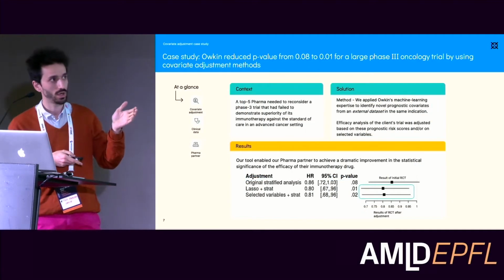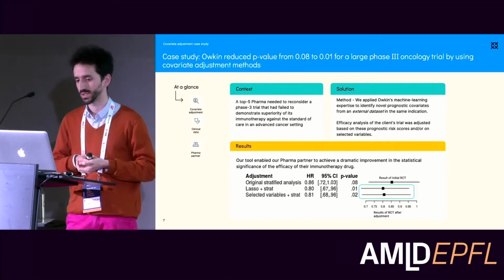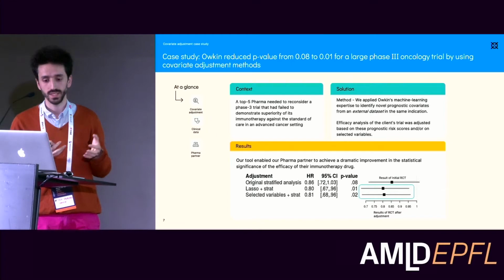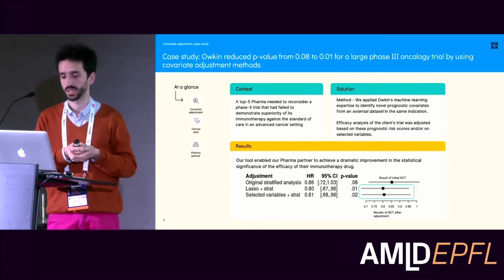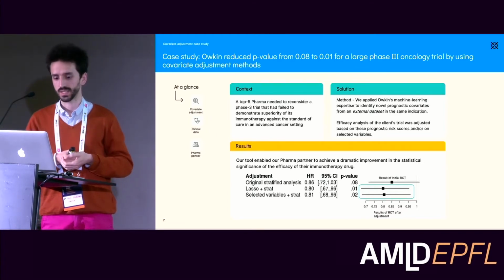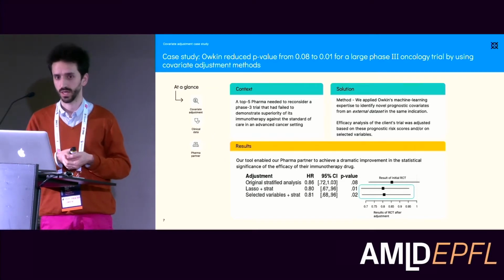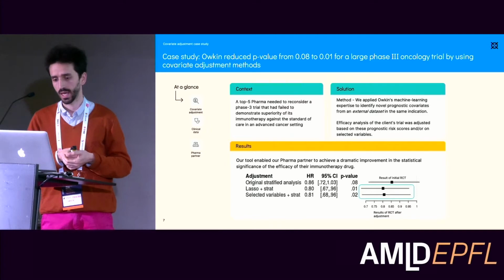This is a case study of a project we did for a pharma client. They had a failed trial where they tested their new drug against the standard of care in an advanced cancer setting.